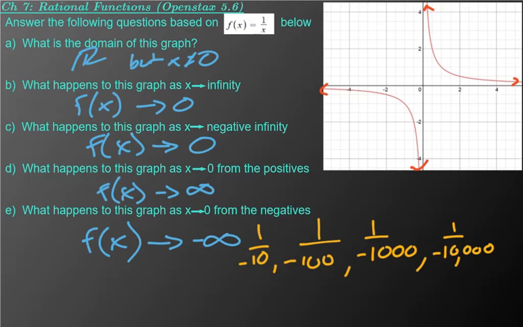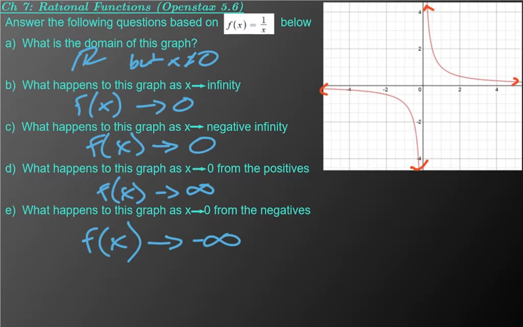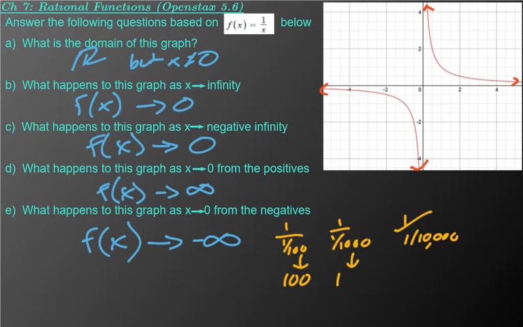If I did the same thing with positive numbers, then I would be approaching 0, but from positives. So that's how I'd get that. And then if you mixed it up a little bit and plug in increasingly smaller numbers, so 1 over 100, 1 over 1,000, 1 over 10,000, you'd flip that around and this would be 100, this would be 1,000, this would be 10,000.